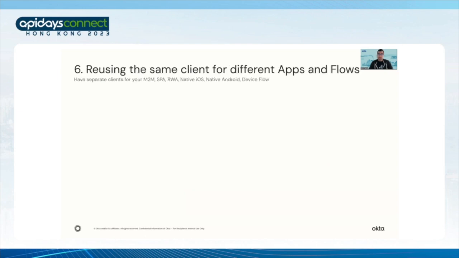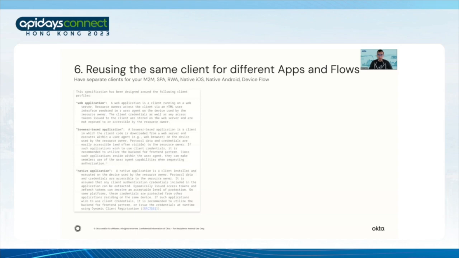In the same model, we also have different kinds of grants and different types of clients. For the resource owner flows, if you look at OAuth 2.1, it defines web applications or regular web applications, browser-based and single-page applications, and native applications.